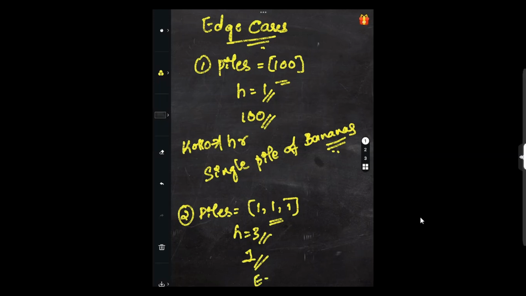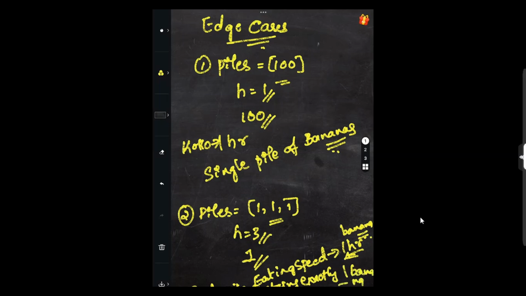This is for the condition where each pile contains exactly 1 banana.